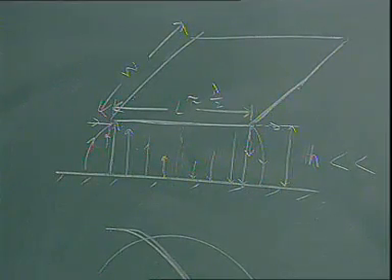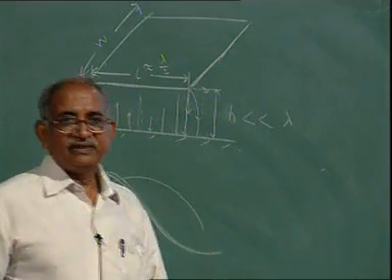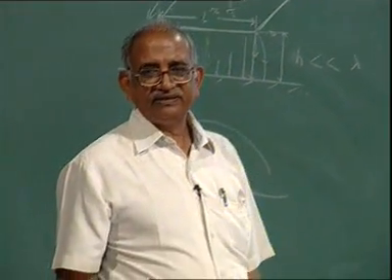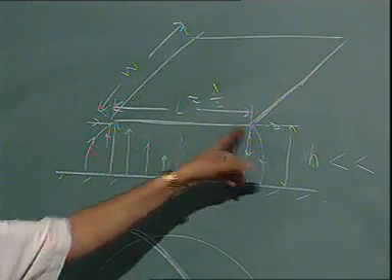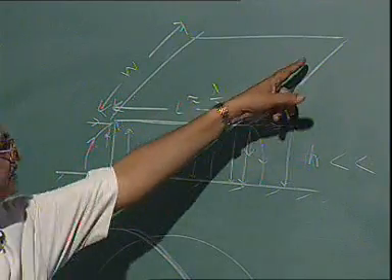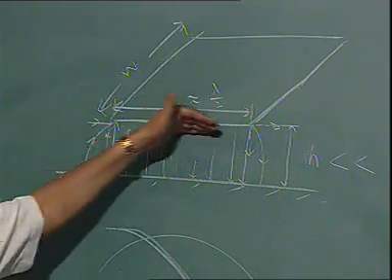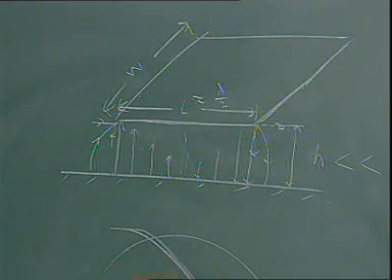Okay. Now, from the field distribution here and here, you can almost explain very easily what will be the polarization of the radiated field. That is, these two edges are mainly responsible for radiation. These edges do not contribute to radiation because the field distribution is like this.